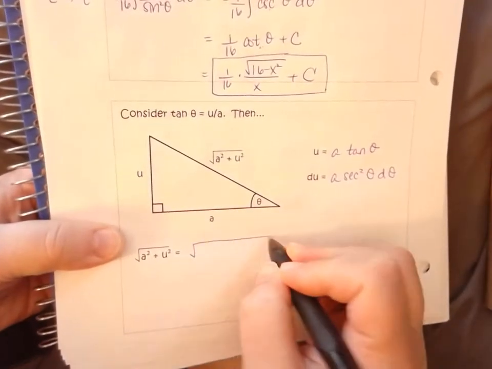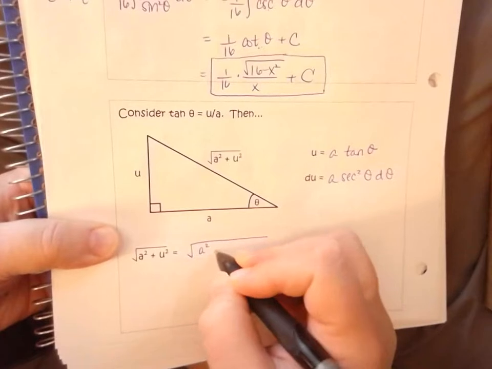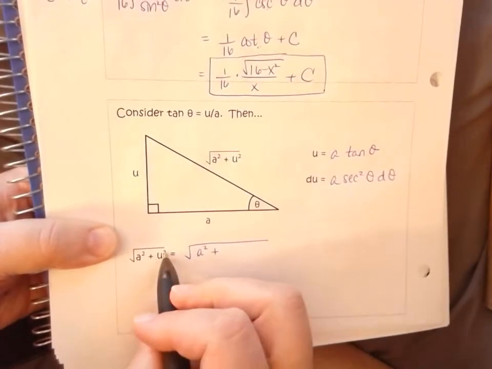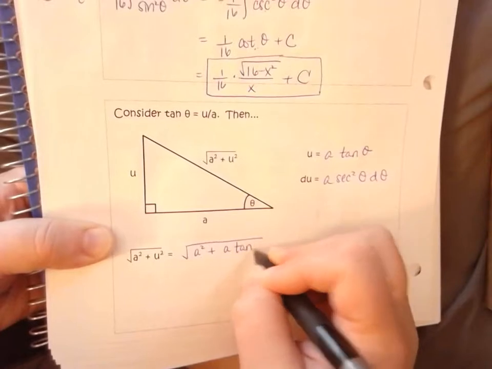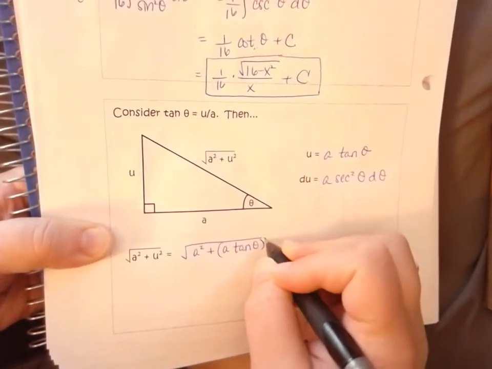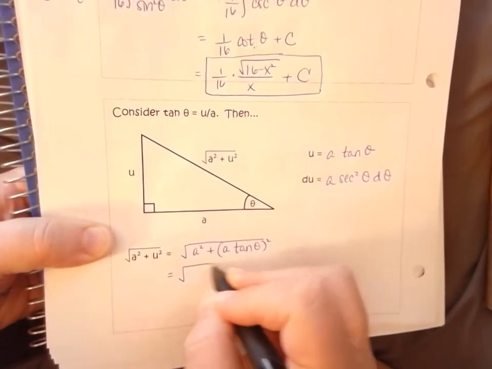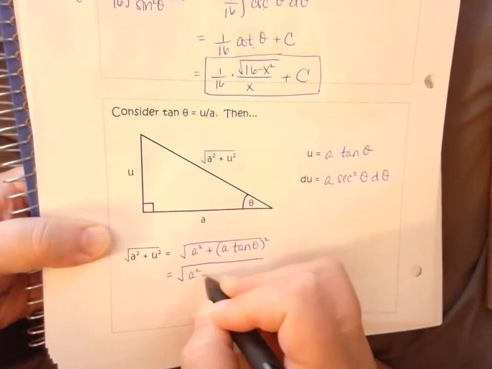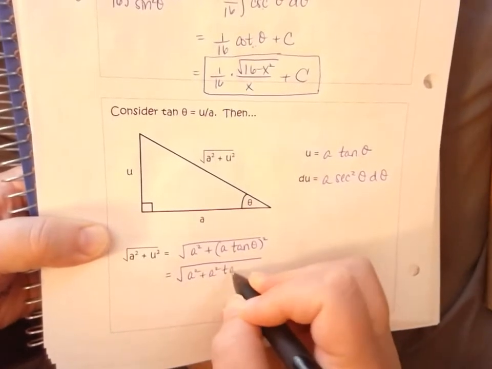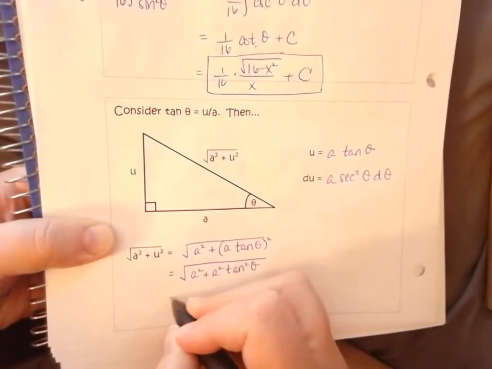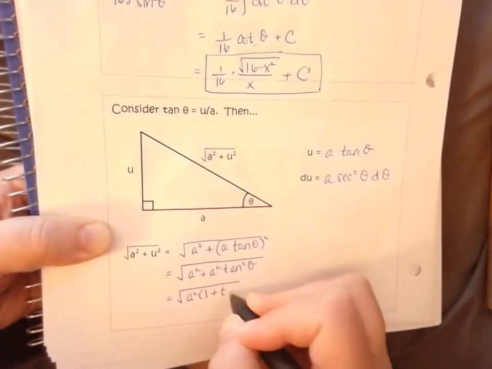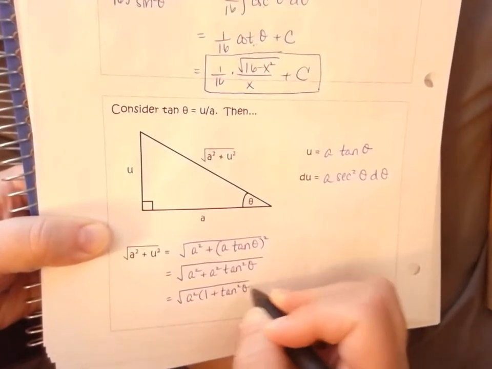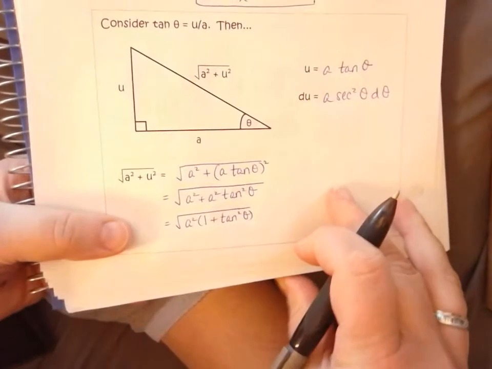If I plug in, instead of u squared, I write a tan theta squared. And I should have done this right from the beginning with the last problem. Okay, hopefully that's not too confusing.